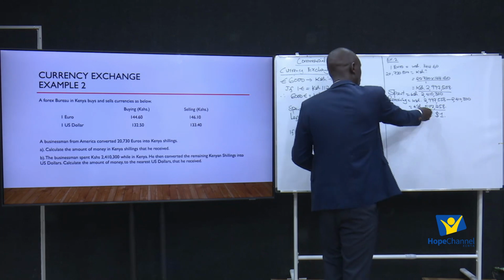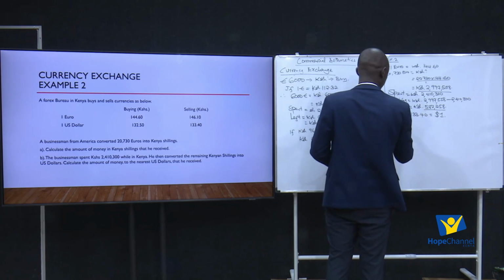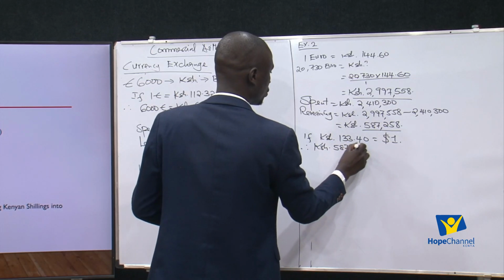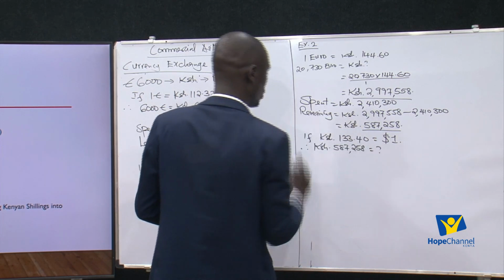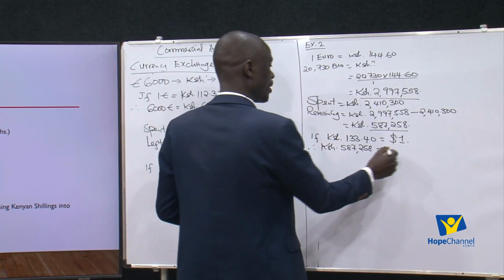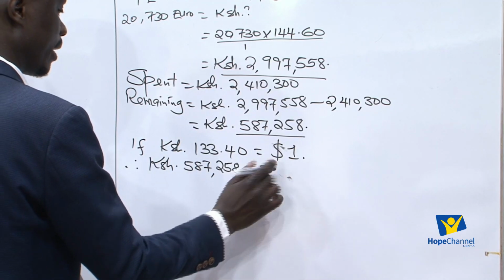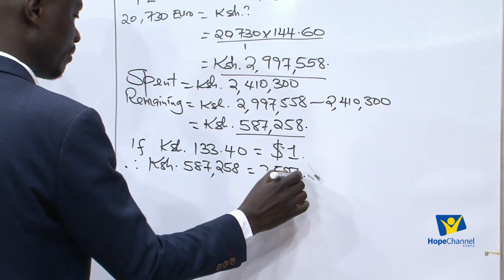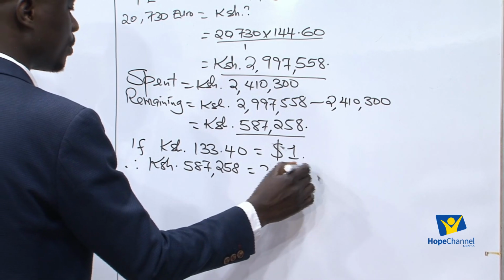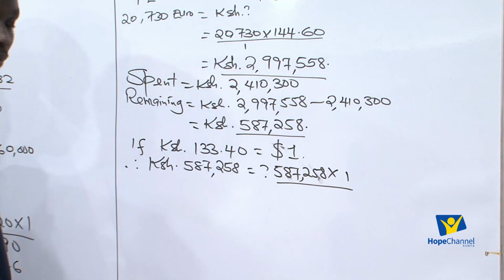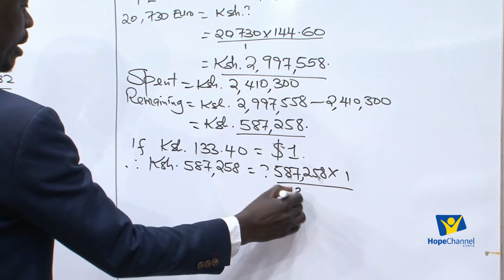So what about the amount that the tourist was left with? The tourist was left with shillings 587,258. So this one will give us how many dollars? We just cross multiply and say 587,258 multiplied by 1, then we divide by 133.40.